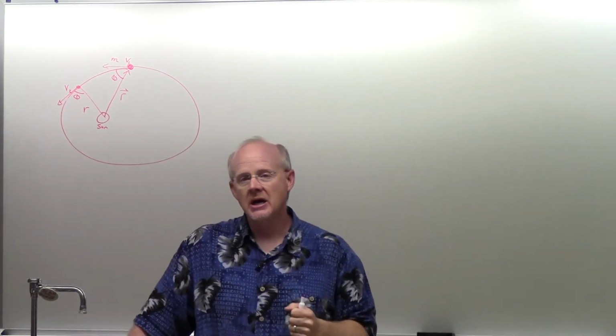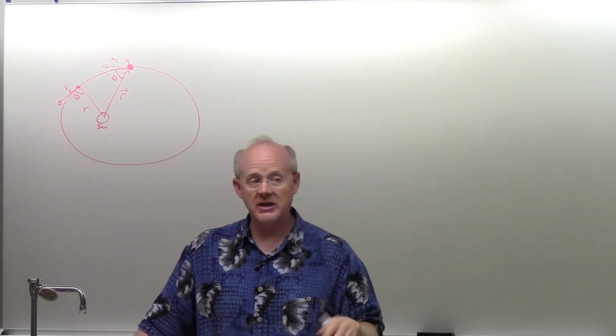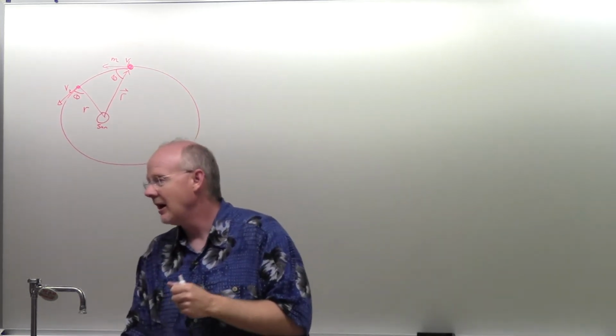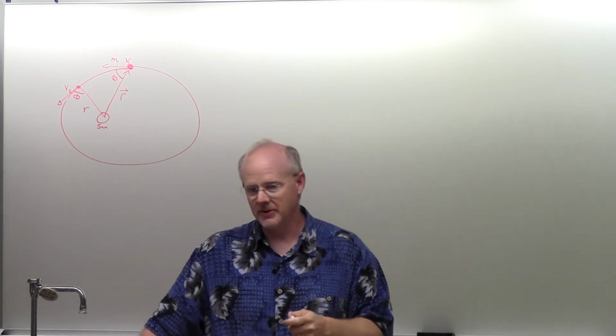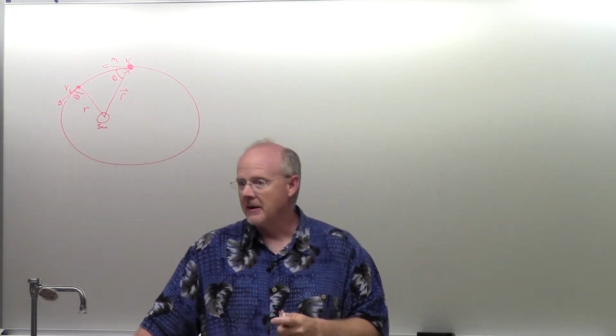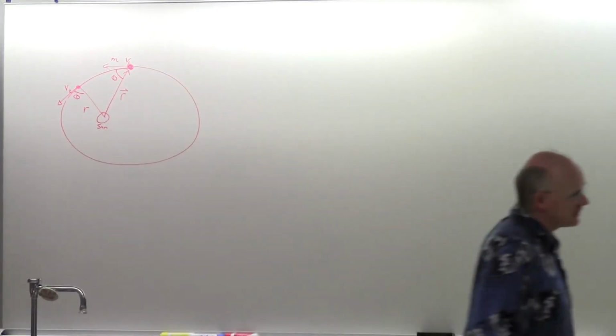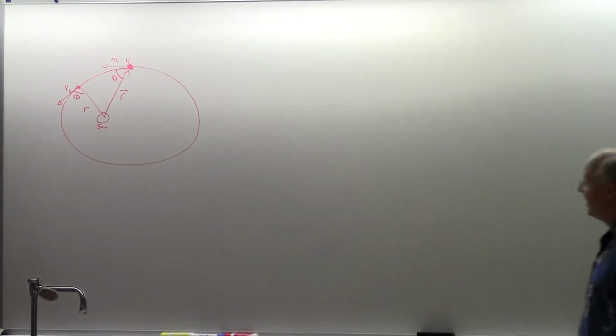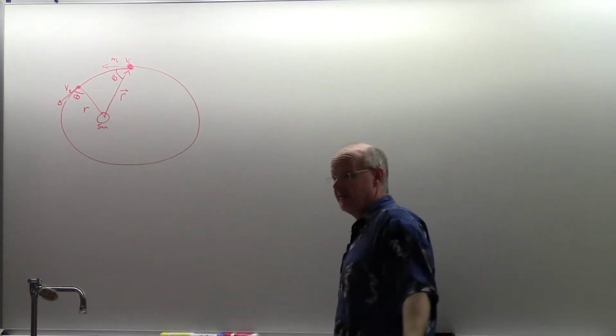Why would I say that even though the R changes, and the phi changes, and the V changes, it still has the same angular momentum? Angular momentum is conserved as long as the net torque is zero. How do I know the net torque is zero? Is there an outside torque?